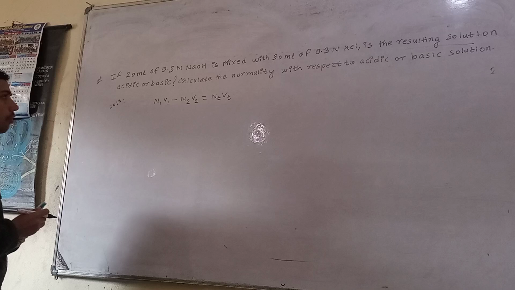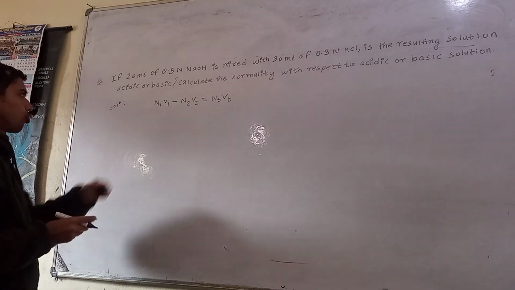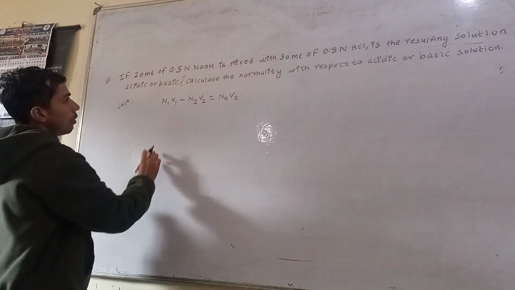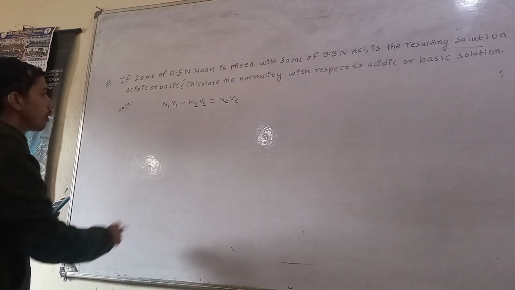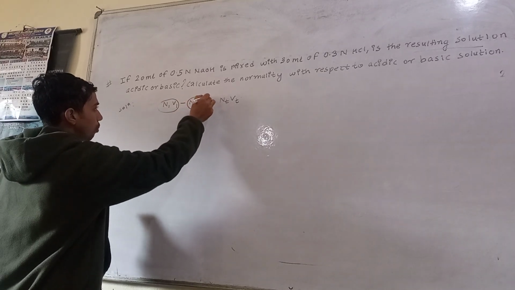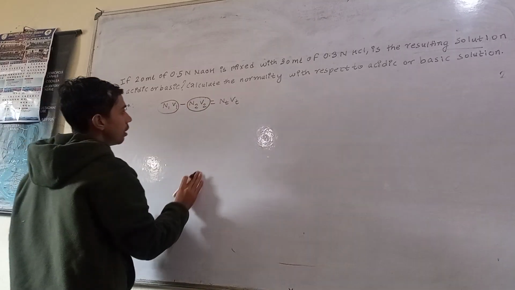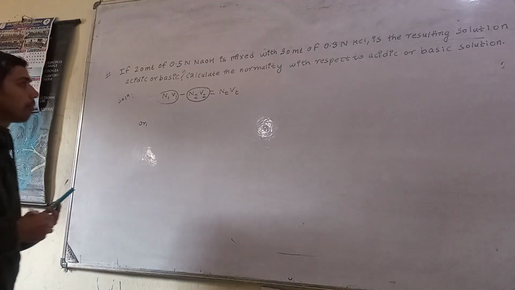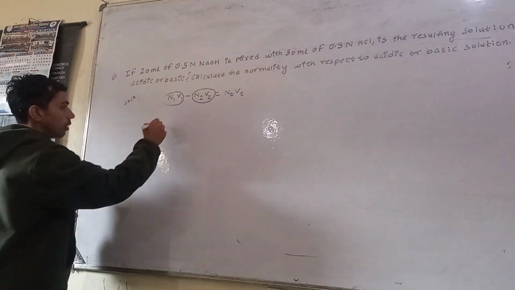In all aspects, you need to consider the acid as N1V1 and the base as N2V2, and the resultant is NEB. Here we have the normality of acid as 0.3.